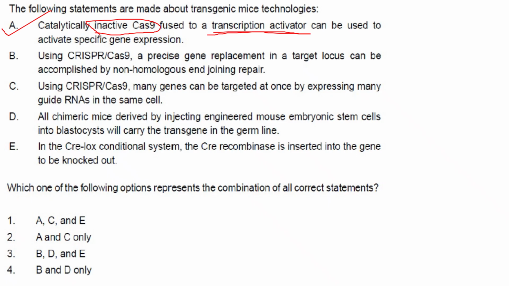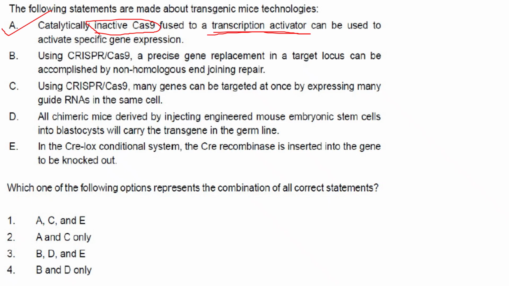Now this guide RNA will direct this Cas9, which is catalytically inactive but fused to the transcription activator, to the promoter region of the DNA. When the transcription activator, Cas9 and guide RNA all bind to the promoter region, because of the presence of the transcription activator, it will recruit other proteins to the promoter and enhance the transcription of that particular gene.